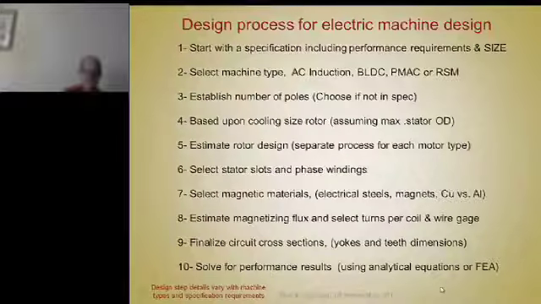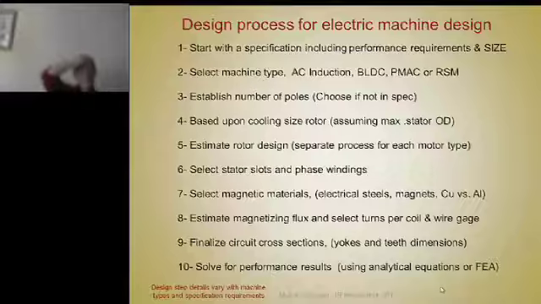In other words, the number of phases must divide into the number of stator slots for a balanced winding. That goes without saying. So for 3-phase motors, stator slots have to be in multiples of 3. So 3, 6, 9, 12, 15, 18, 21, 24, 27, 30, that sort of thing, and multiples thereof.